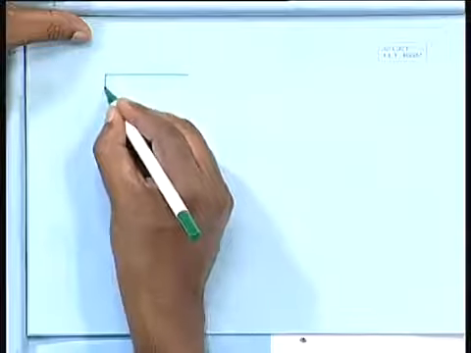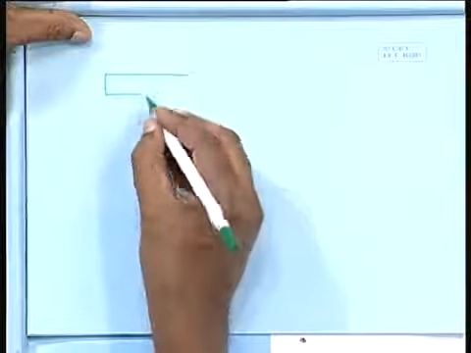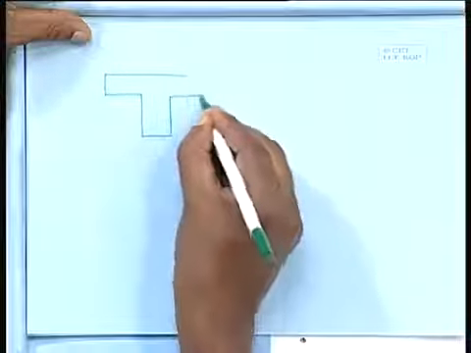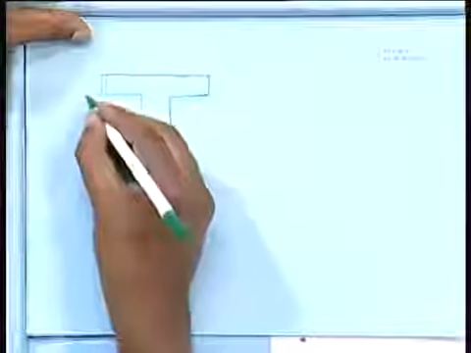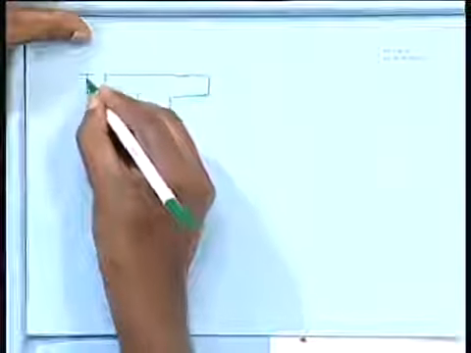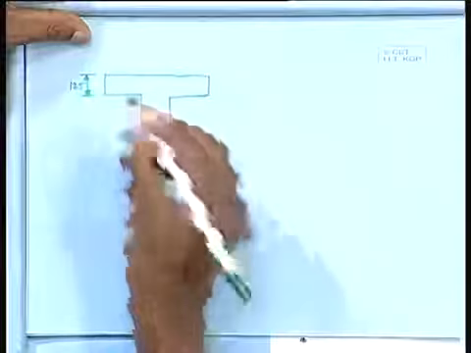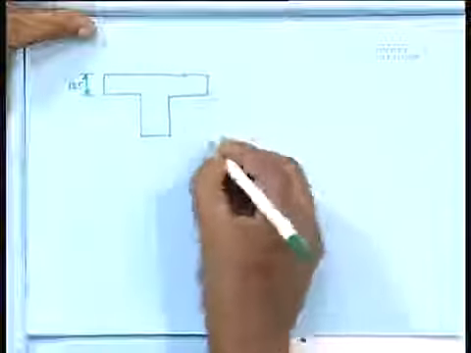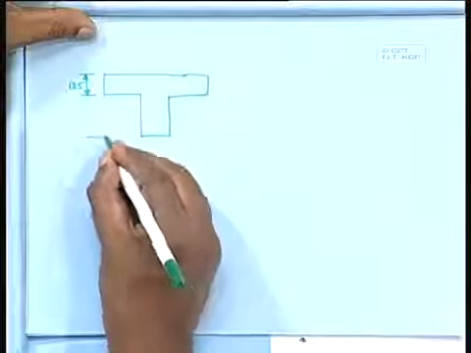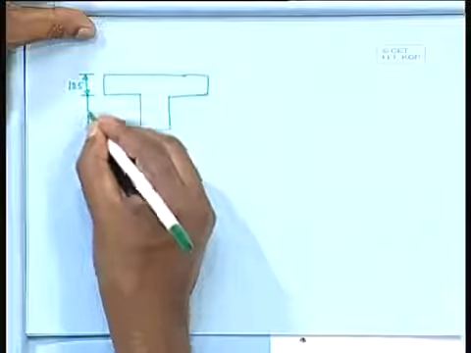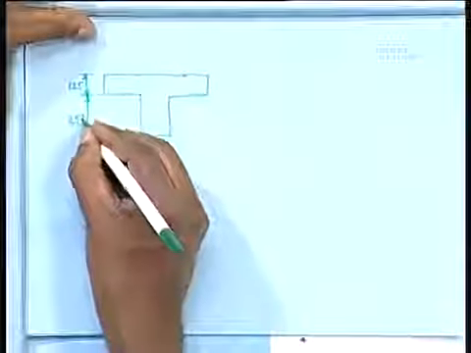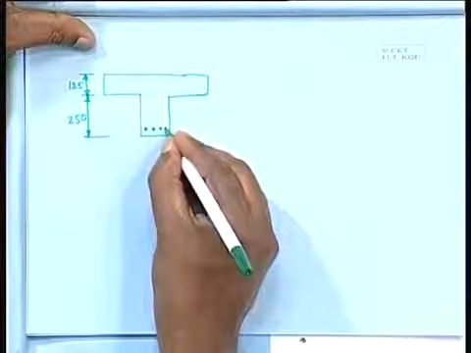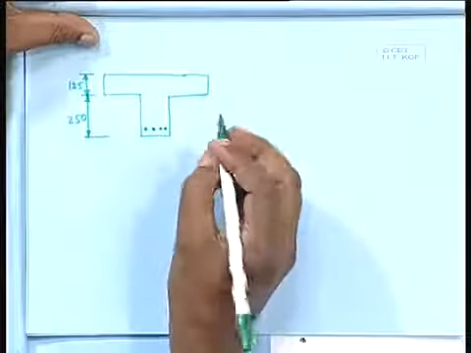We shall provide the T section, where we have 125 here and 250 here, and we have 420.